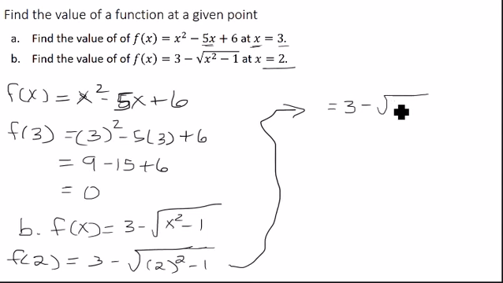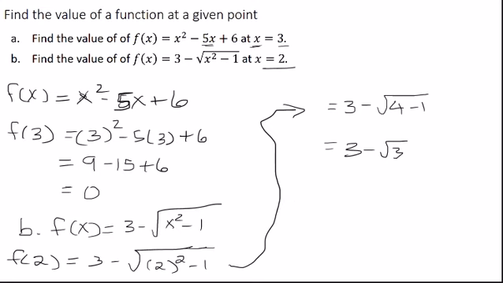So 3 minus square root of, so the 2 squared is a 4 minus 1, and then we have 3 minus square root of 3. So it's not a number that you can simplify any further than this, but if you want to use a calculator, you can punch these numbers into the calculator and get the answer.